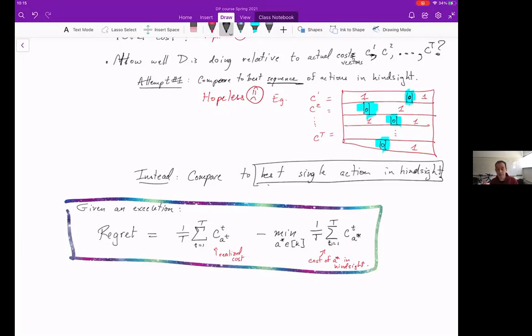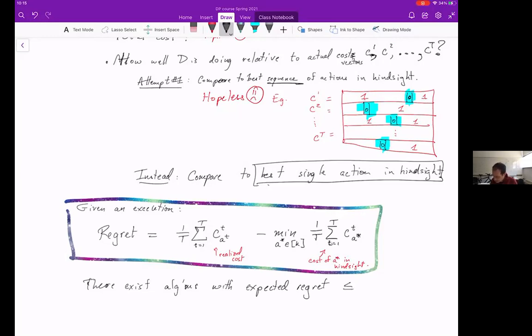And what's perhaps surprising is that we can find algorithms that have low cost in hindsight. So there exist algorithms, which we'll see, with low expected regret.